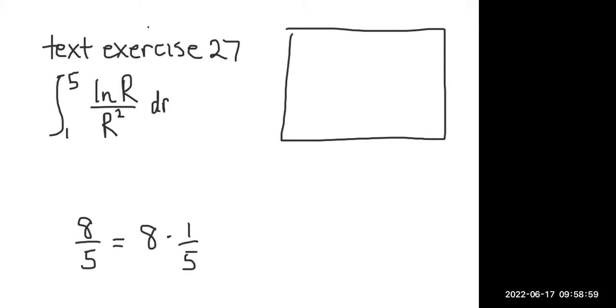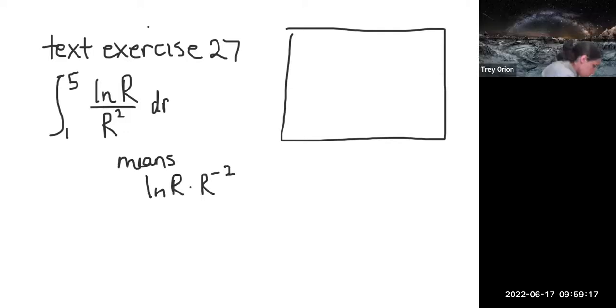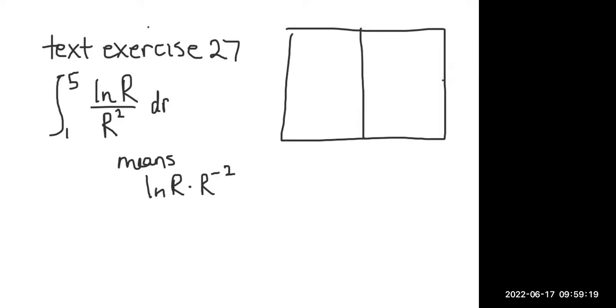So this is going to be ln r times r to the negative 2. You might have seen that already, probably you guys did. So now I could translate it to my language of the formula: U dv.